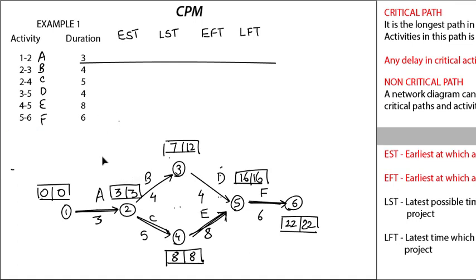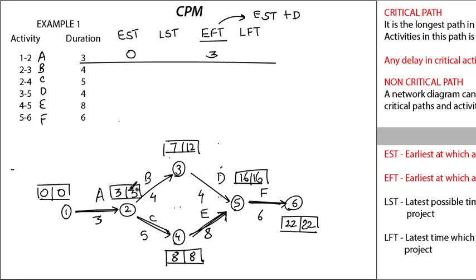So for solving this, earliest start time will be 0. The formula for earliest finish time is earliest start time plus duration. So 0 plus 3 will give me earliest finish time 3. Then comes latest finish time.